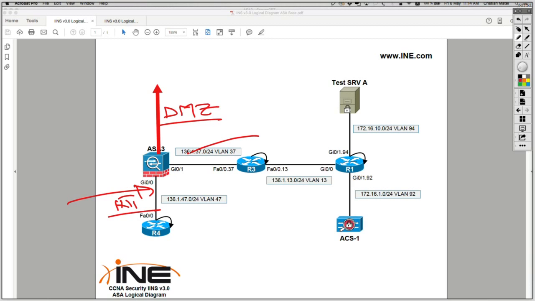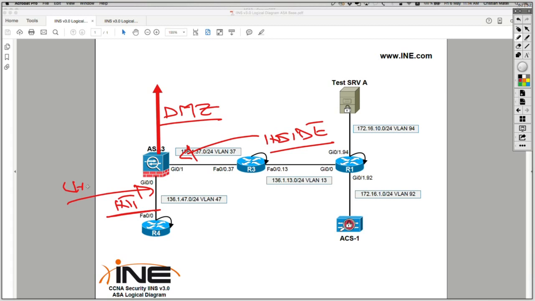This interface faces the inside, which means it's a trusted interface. Although of course nowadays nothing is trusted in a network, we have to control everything back and forward. But back in the days, the interface facing the inside network was called a trusted interface of the ASA, and the interface facing the internet or the WAN was called the untrusted interface.